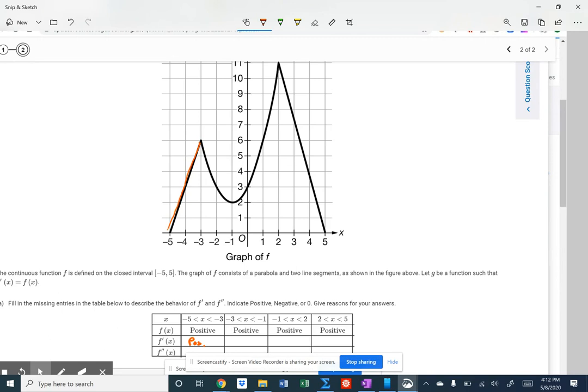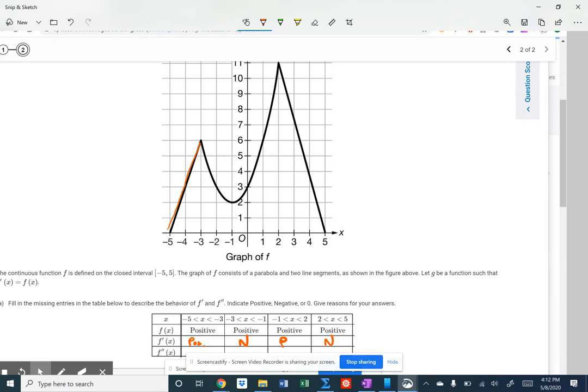And then from -3 to -1, we see that f is decreasing, so that means f prime is going to be negative. From -1 to 2, again, we're back to having f increase, so I'm just going to leave the P. Oh, I erased the wrong part. Okay, won't let me just draw over it. And then from 2 to 5, decreasing, so it's going to be negative.